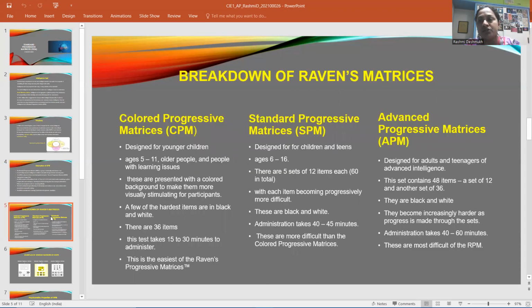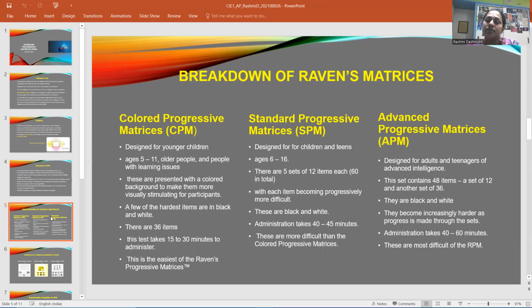As I already mentioned, SPM is just one of RSPM's battery. There are altogether 3 tests in RSPM. The first one is colored progressive matrices, that is CPM. This is administered to younger children with an age range of 5 to 11, and especially kids with learning issues.